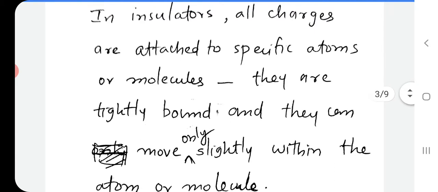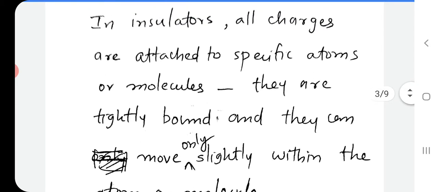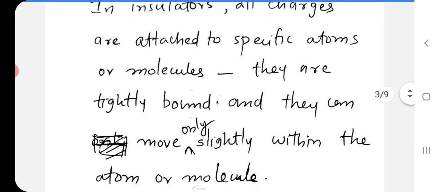While in a conductor, the charges are free to move at will throughout the material. In insulators or dielectrics, the charges are very tightly attached to the specific atoms or molecules, and can move only very slightly within the atom or the molecule.